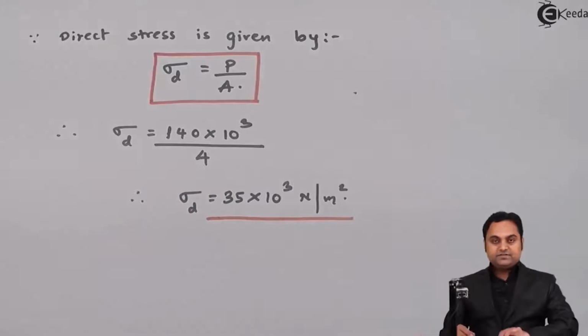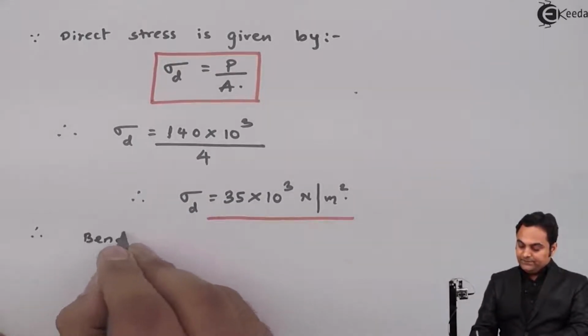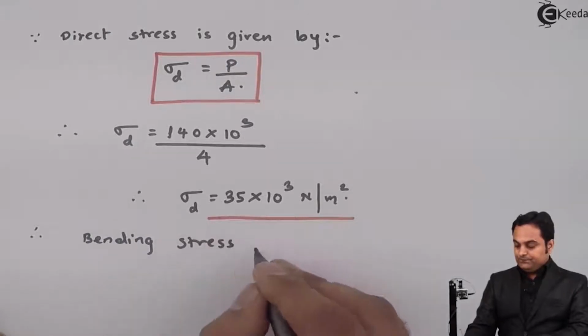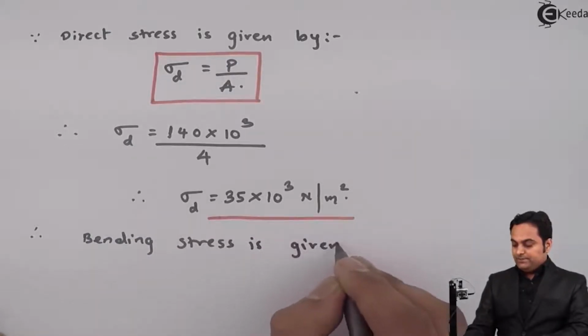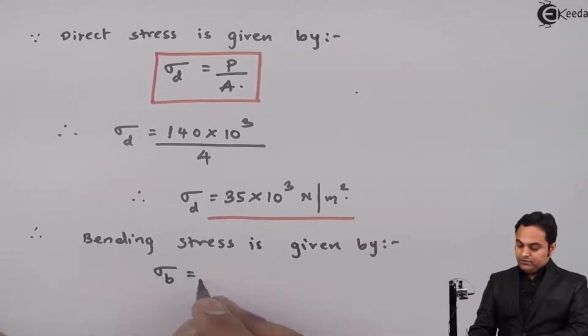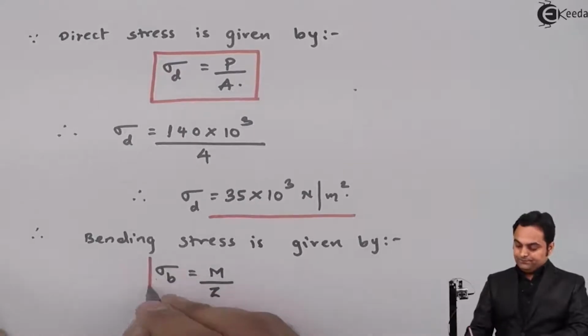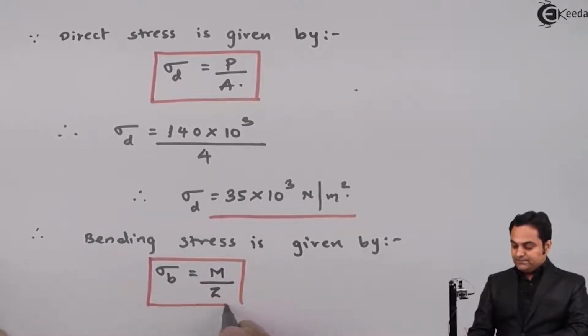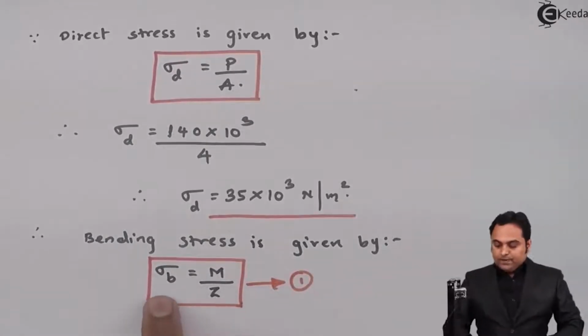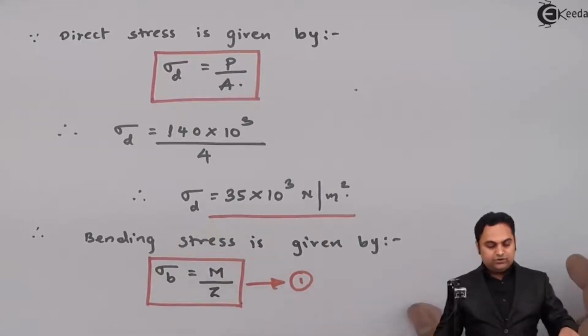After getting direct stress, I'll say that therefore bending stress is given by sigma b is equal to M by Z, keeping this as equation number 1. So now bending stress is M by Z. So I'll go for the calculation of M first.